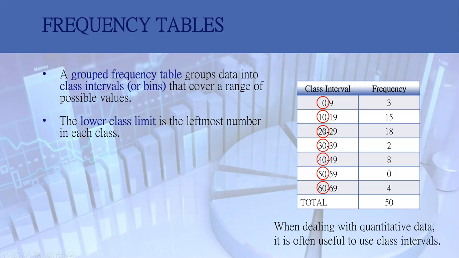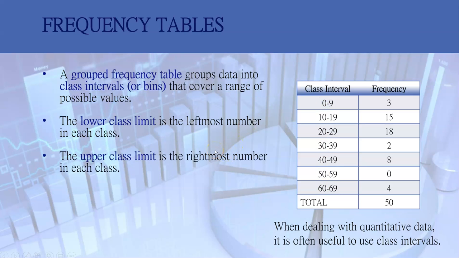The lower class limit for class 1 is 0. So I'll specify which class; the lower class limit is the one on the left. The upper class limit is the opposite. The upper class limit is the one on the right. So all of these would be upper class limits for this table. So if I wanted the upper class limit for class 2, that would be the 19, for example.